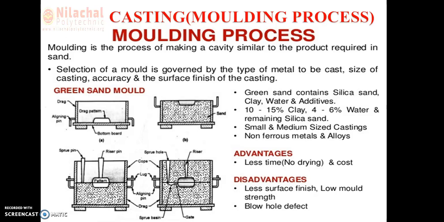The depth of the drag in pit molding is much more than that in floor molding. In pit molding, the molder may enter the drag and prepare it. A pit is of square or rectangular shape.